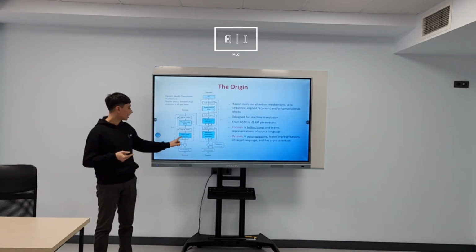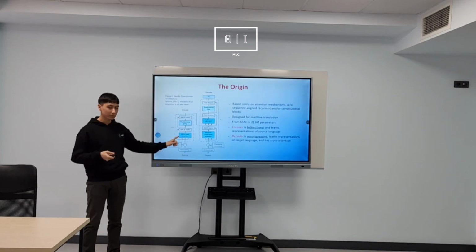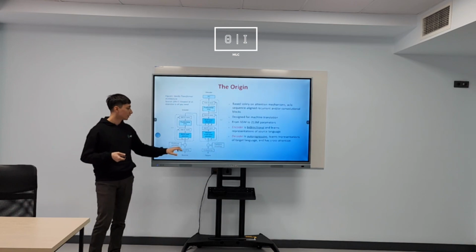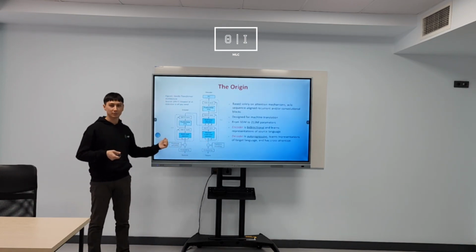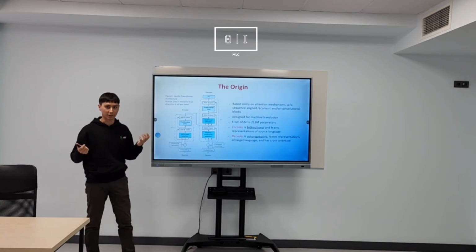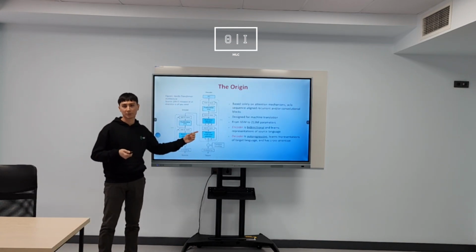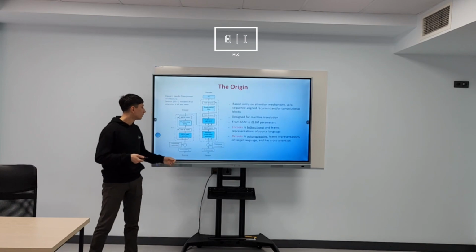Similarly here, we have the encoder part of the transformer, and the decoder part of the transformer. Encoder learns from your source language, like English, and the decoder from the target language, respectively.